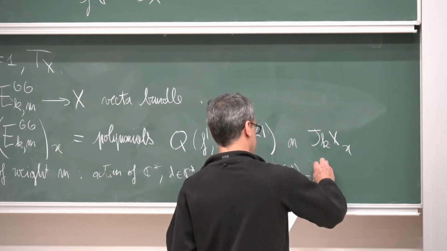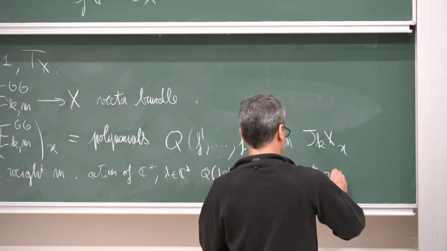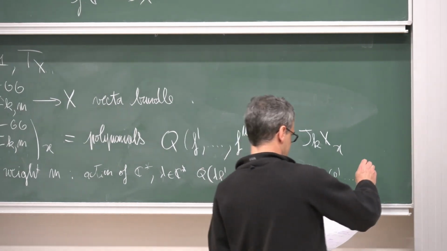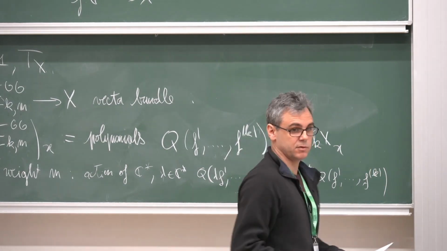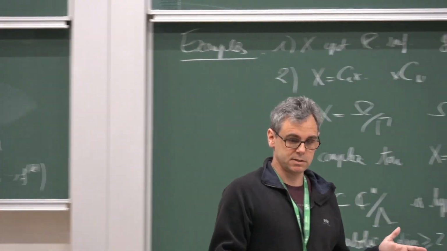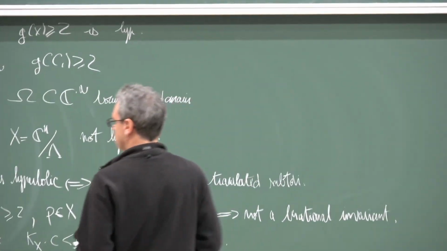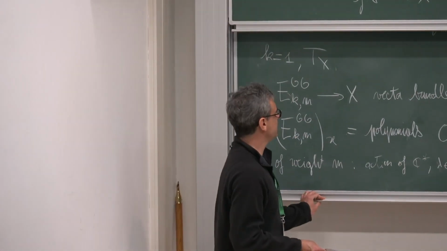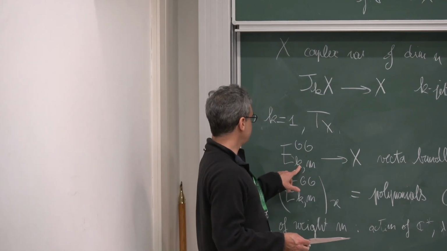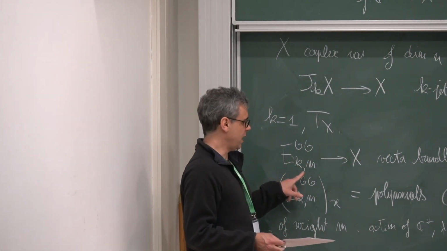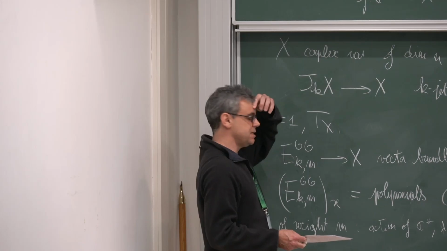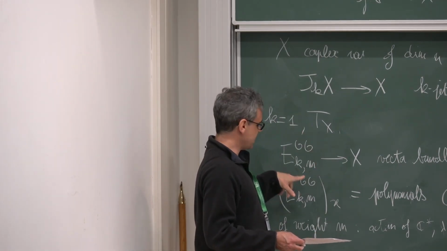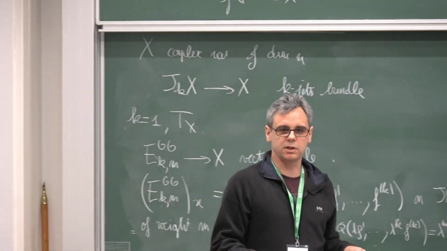You want this. Okay, so this is just a way to measure the degree of the polynomial, but with this weight. Okay, so this is really just a generalization to any order of a symmetric differential. If you take k equal to 1, this is exactly the symmetric power of the cotangent bundle.